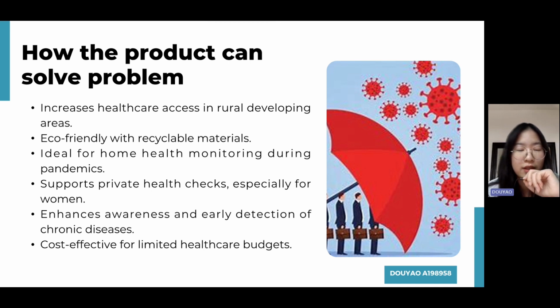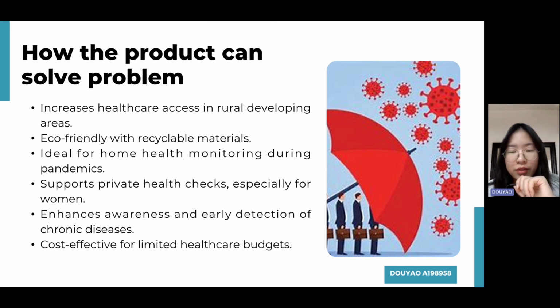In global outbreaks such as COVID-19, this kit can be used for initial health monitoring at home, reducing the need for people to travel to the hospital and reducing the risk of cross-infection. In communities where cultural practices limit women's access to health care, the kits offer a private, portable way for women to get health checks, such as pregnancy tests or initial diagnosis of urinary infections.